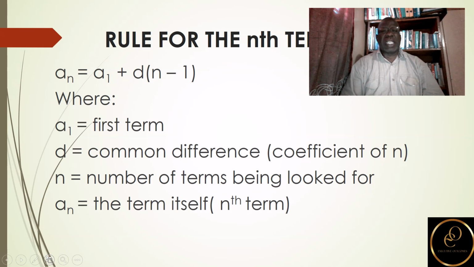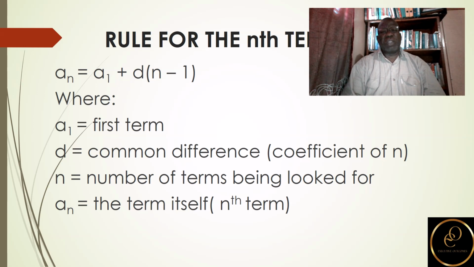in that particular series. So we look at this formula: a subscript n is equal to, that is the nth number, is equal to the first term, a1, plus the common difference d, times open bracket, n minus 1.